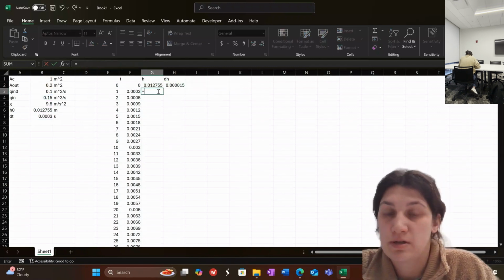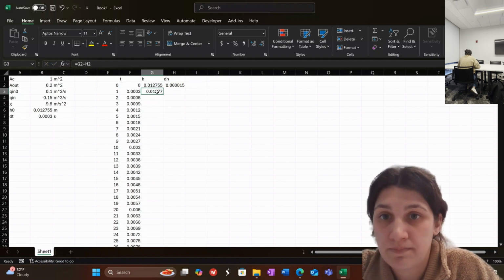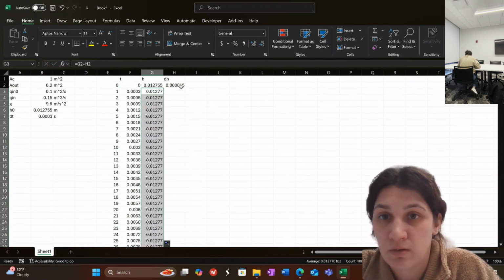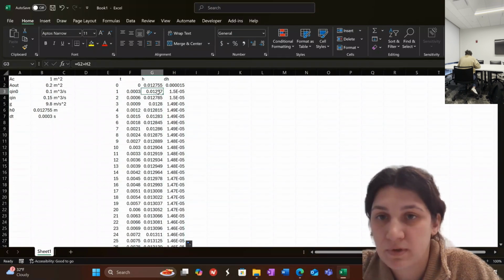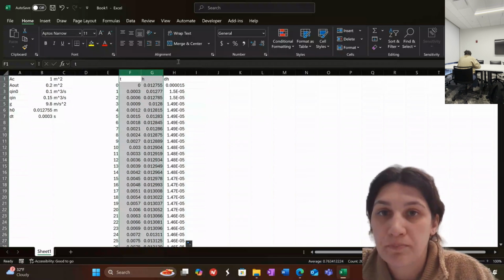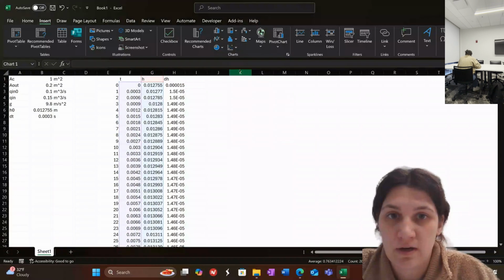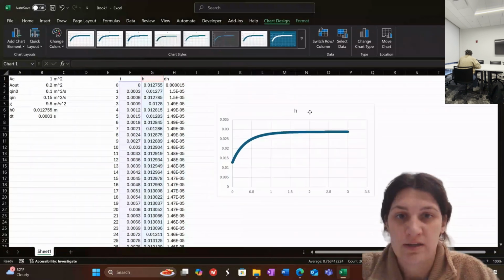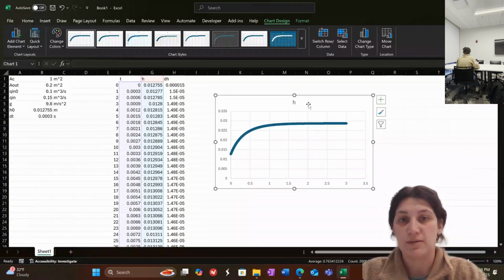And then our new height each time is going to be previous height plus our delta H. Double click that all the way down. Double click this all the way down as well. And now we are able to plot this, so we can select these two, insert our scatter plot, and we can see how the height of liquid changed within the tank.